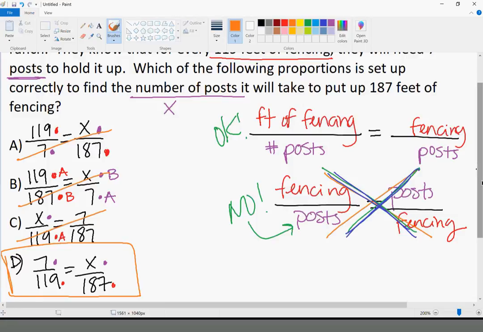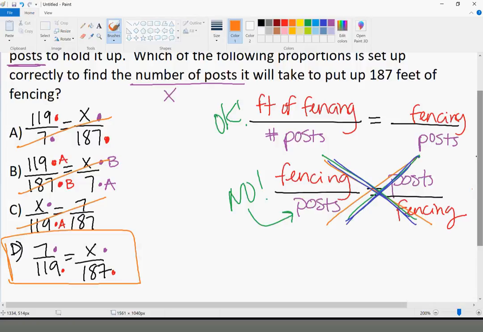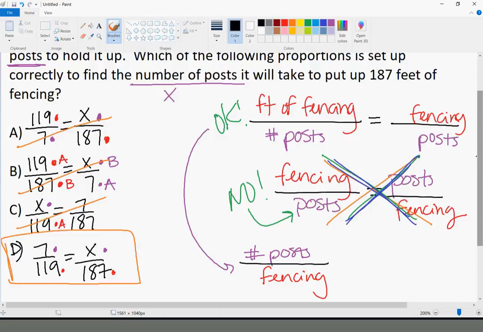For this problem, you don't have to actually solve it. You're just choosing the correct proportion. So remember that it has to line up. Just like I said, let me show you again. This also could have been number of posts over fencing, and that would need to be equal to the other situation's number of posts over fencing.